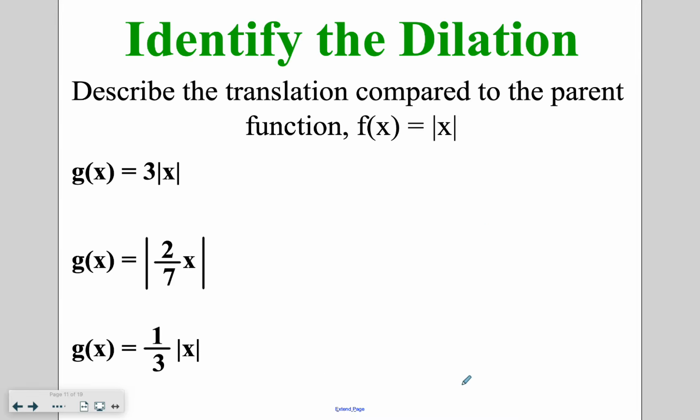So if I have, again, my parent function of f of x is equal to the absolute value of x, if I have the 3 on the outside, that is telling me that it is going to be a vertical change. And because the number 3 is bigger than 1, that is going to be a vertical stretch of this absolute value function.